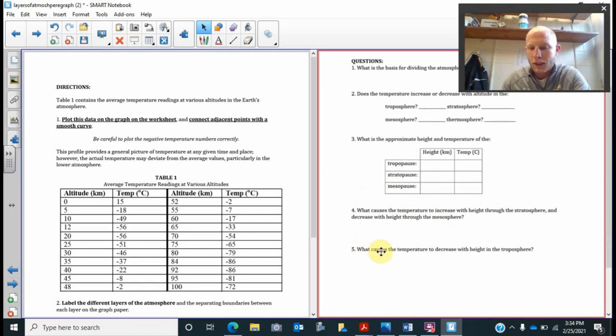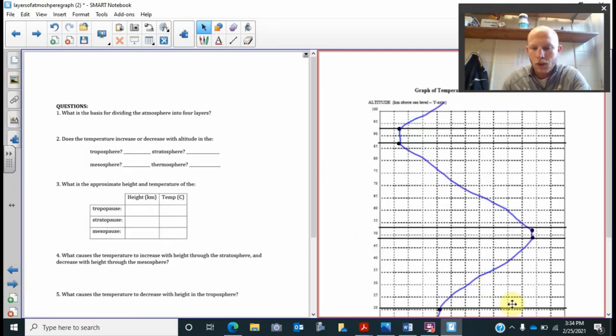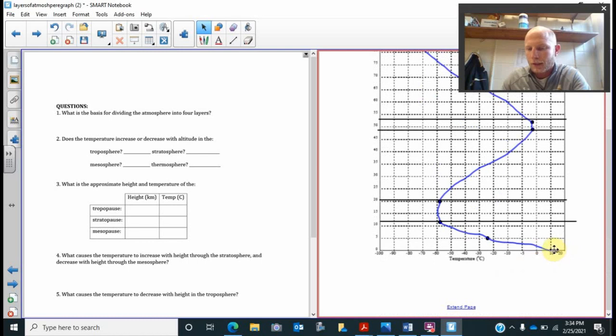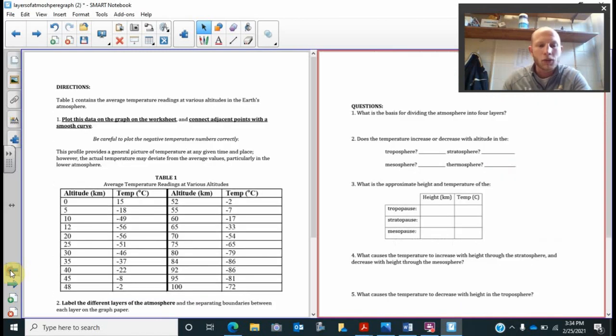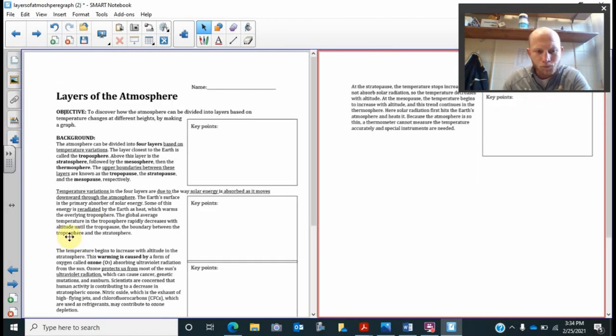Number 5 says, what causes the temperature to decrease with height in the troposphere? We know that the troposphere at sea level, where we live, is the absolute warmest part of our atmosphere. However, it cools down as we go up. Why is that? If we remember, the Earth's surface is the primary absorber of solar energy.